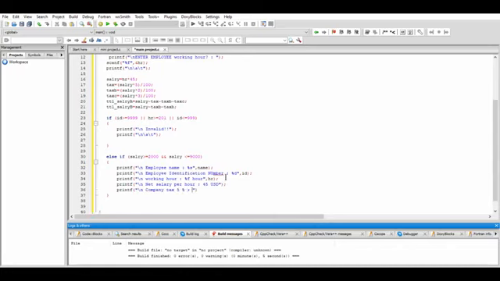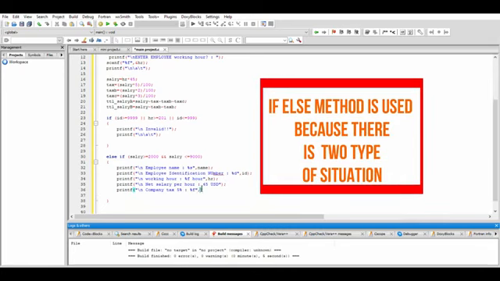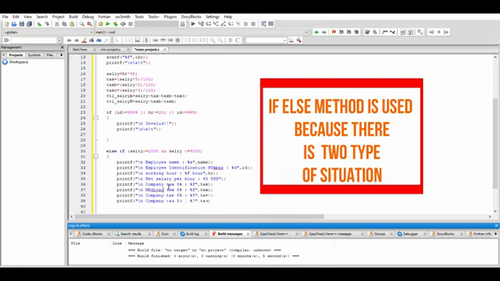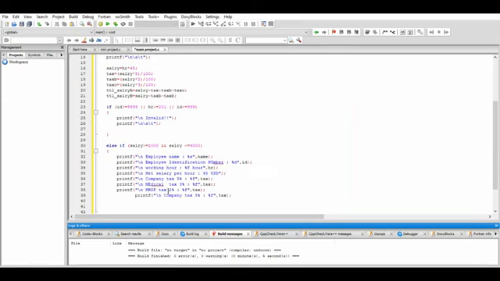The other reason I don't want to use switch is that if else can handle the numbers in the expression.